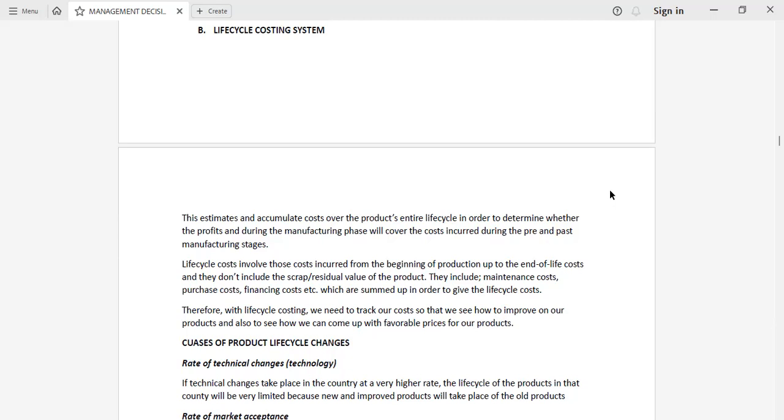What we normally have under life cycle costing is a simple graph that we use to illustrate the life cycle costs, because we believe a product undergoes different stages. We normally use a curve to show these different stages.